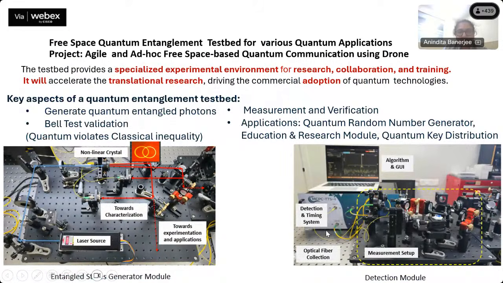And we have recently been awarded the Director General Award for core research, where we have made a free space quantum entanglement test bed for different applications. This is essential for giving hands-on experience, or for developing a quantum fundamental system, not only from the application perspective, but also from the education and engineering perspective.